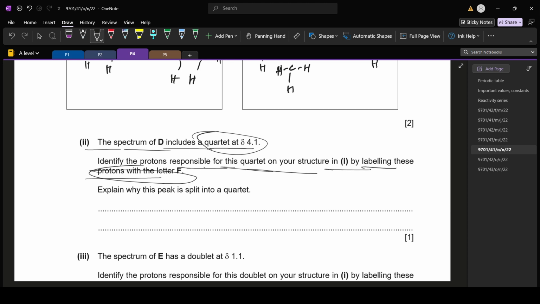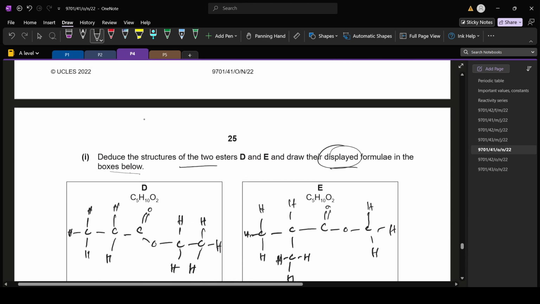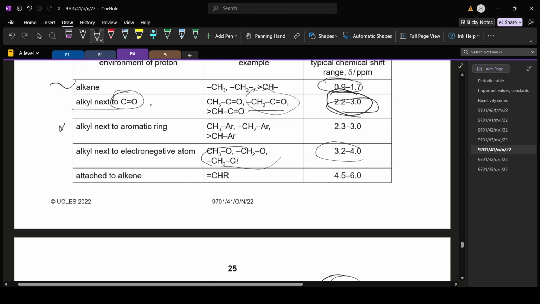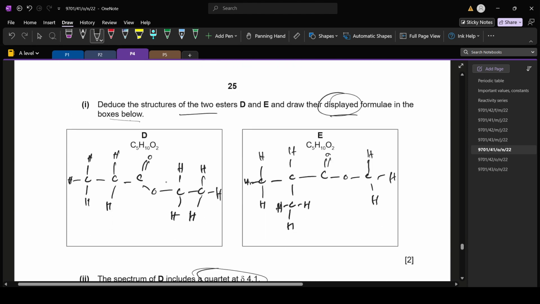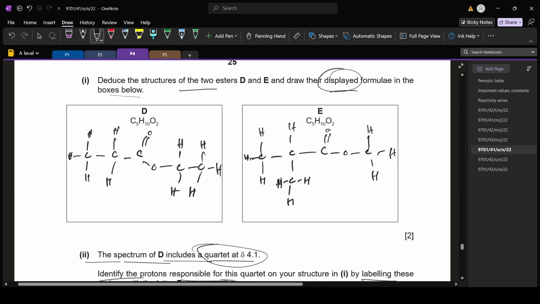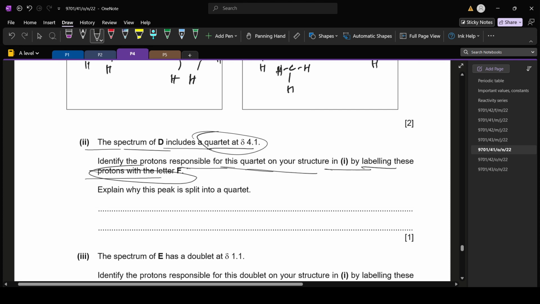Identify the protons responsible for this quartet on your structure by labeling these protons with the letter F. So this peak at 4.1 is due to this alkyl next to an electronegative atom. And in E, this quartet is due to these hydrogens. So identify the protons responsible for this quartet on your structure by labeling these protons with the letter F.